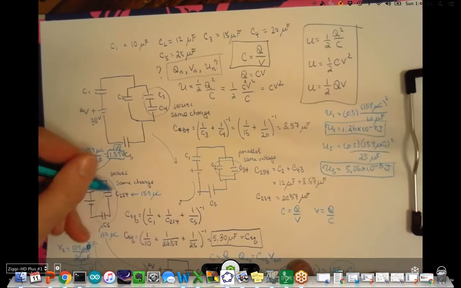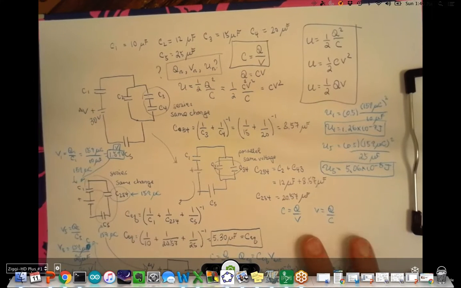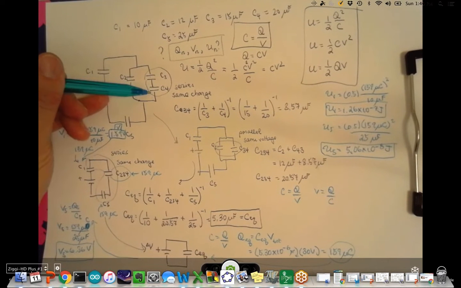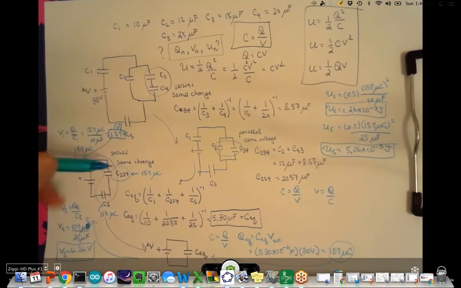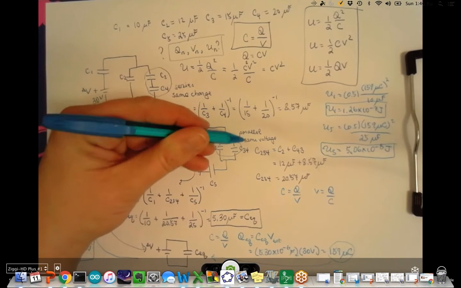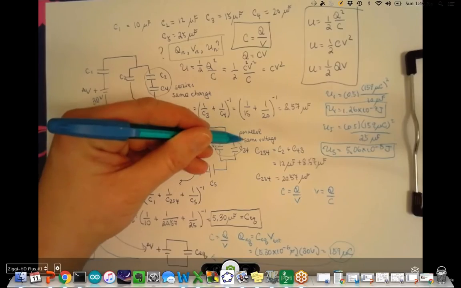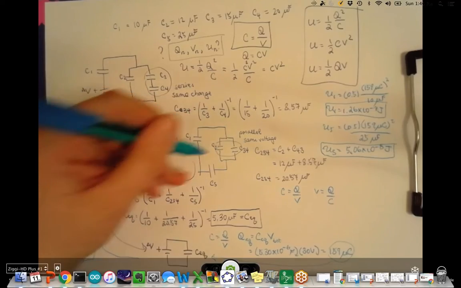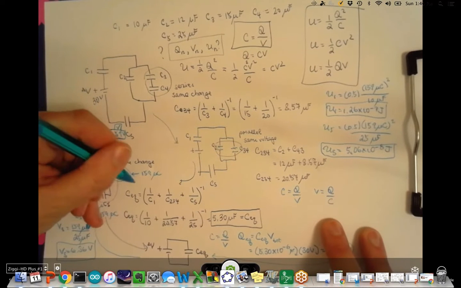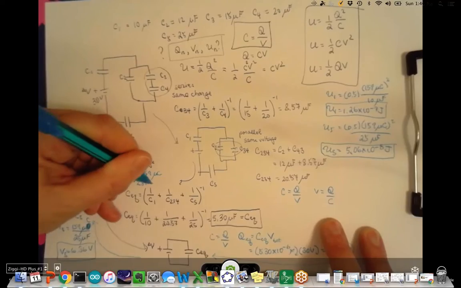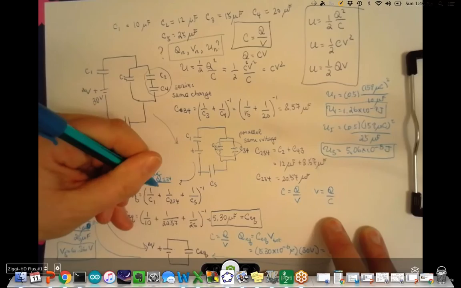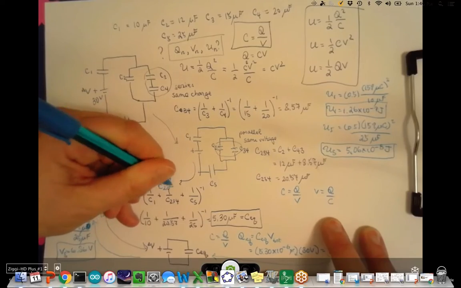And now we've got an equivalence here. Actually, before we back up again, remember, when we back up again, we're going to come back to capacitors in parallel, which have the same voltage, but not the same charge. They're going to split the charge. So if we know the voltage here, then we'll know what the voltages here should be. So this has this charge. Let's find the voltage of 234. That's going to be equal to Q234 divided by C234.